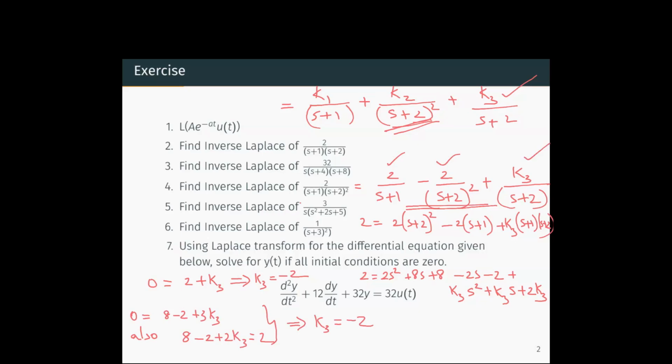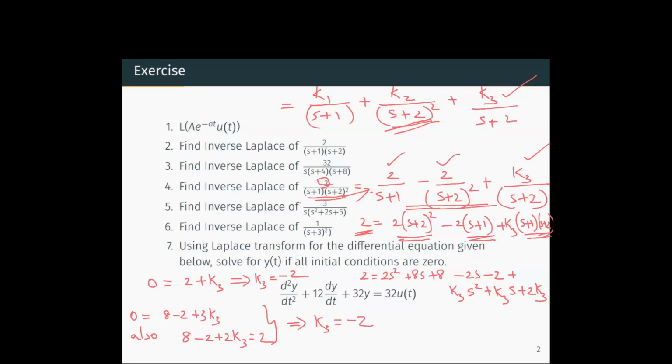To get the value of k3, we will equate the left and right hand sides. You take the whole term to this side. So the numerator 2 equals 2 into (s plus 1) whole square minus 2 into (s plus 1) plus k3 into (s plus 1) into (s plus 2).